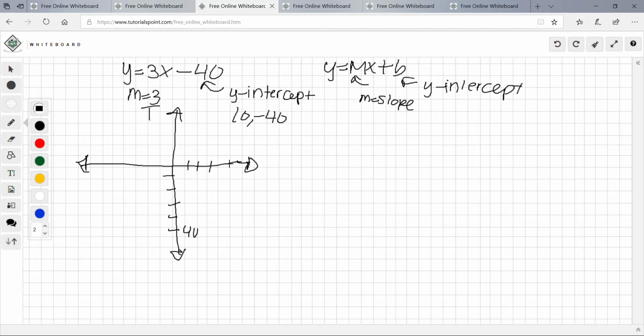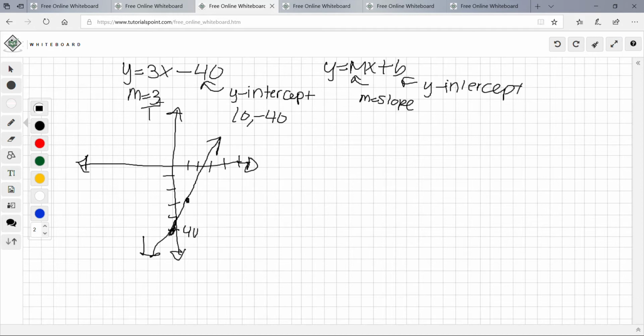I don't really want to do it this way because it's going to take too long. What you can do is, from negative 4, go up 3, 1, 2, 3, and over 1, right? That's one way you could go. So you start at the y-intercept and then you rise over run.